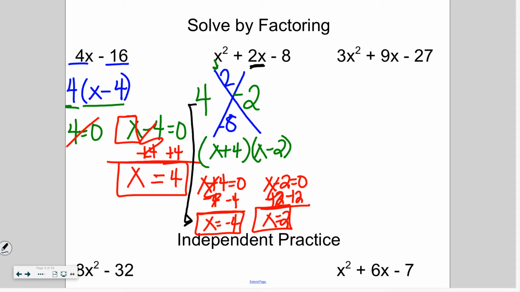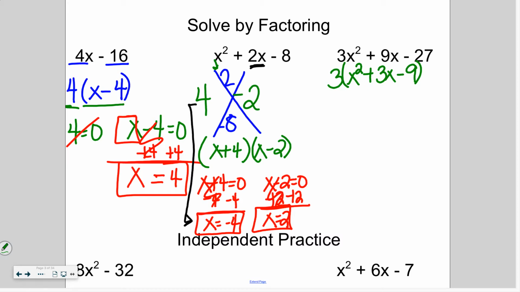All right, the next one. We have 3 terms. So we're going to look for GCF first, then we can do x method or quadratic formula. So if I look at 3, 9, and 27, they all have a GCF of 3, so I could take a 3 out. Okay? So if I take out a 3, I'm left with x squared plus 3x minus 9.